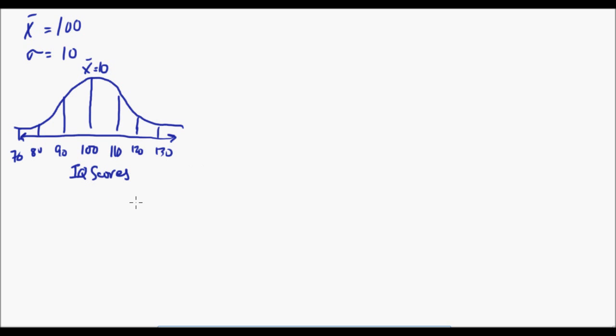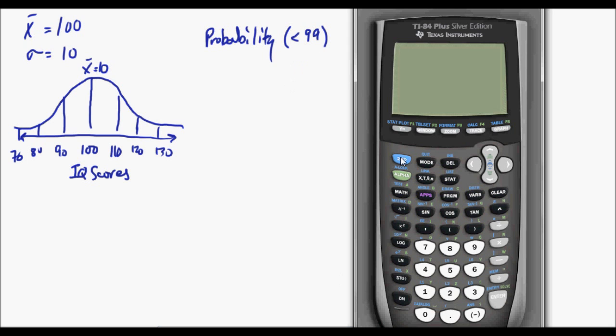Okay, so now the type of problems they'll ask here is, they'll say, what is the probability that they score less than 99. Okay, so in this case, and kids get these wrong a lot.